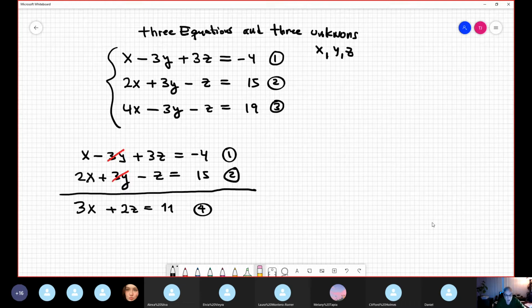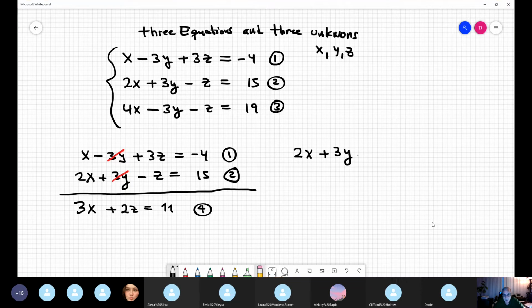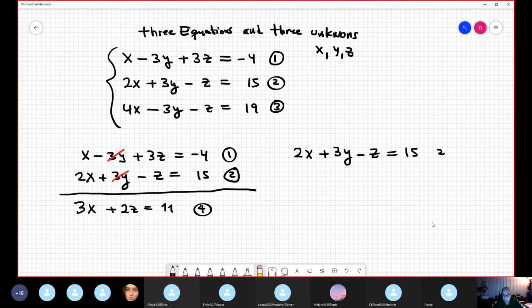Okay, now you select another couple. For example, I select 2 and 3. Why do I select 2 and 3? This is the most important moment, in my opinion. It's equation 2 and equation 3. I select equation 3 because y again is ready for elimination.